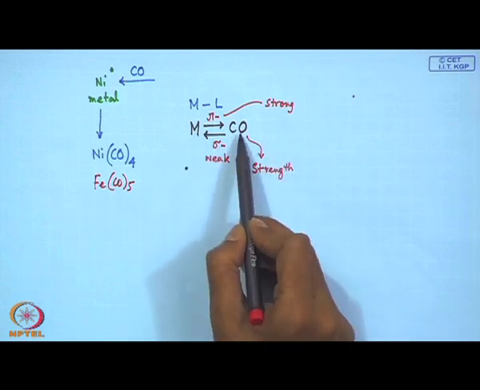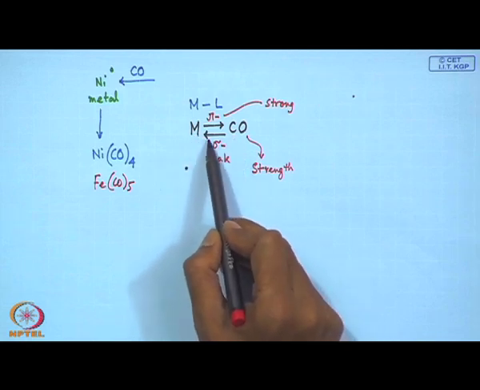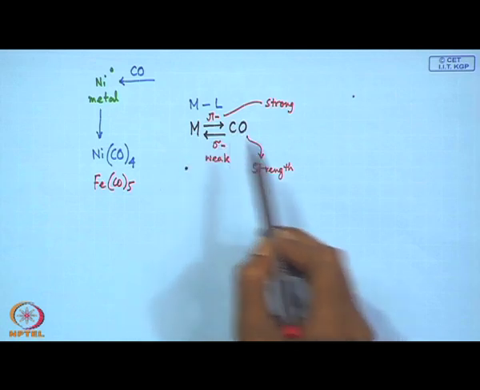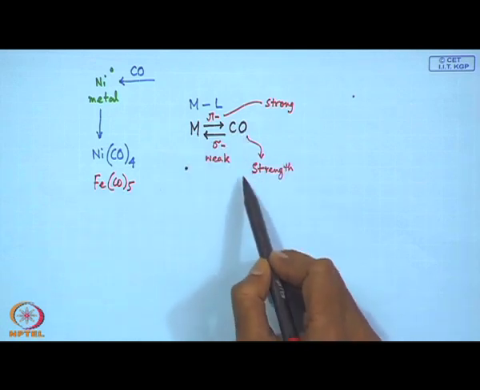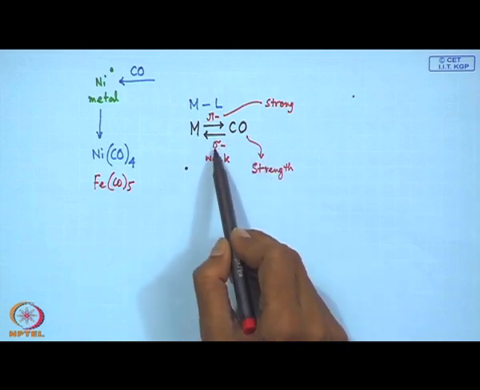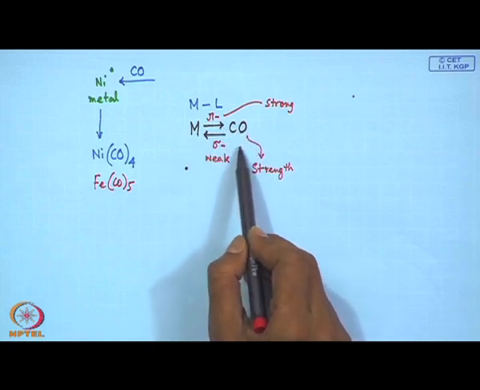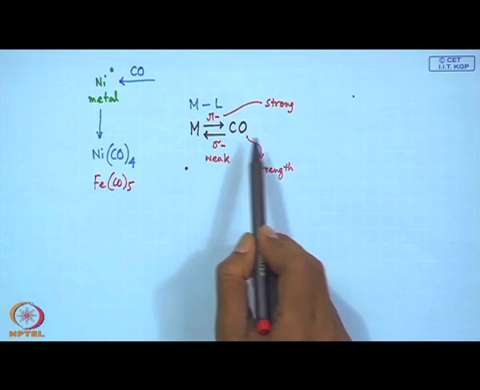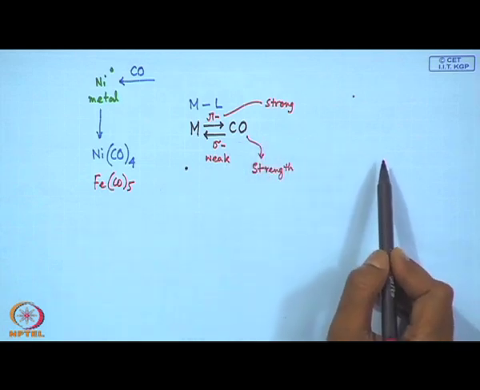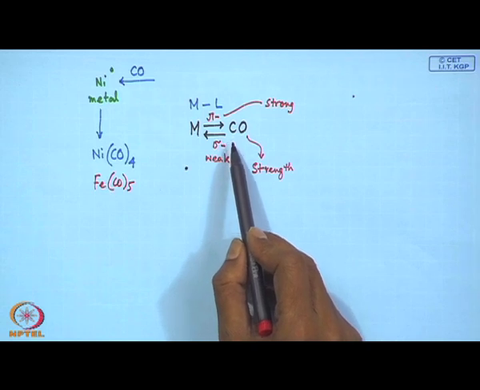So, we have multiple bonding between the metal and the carbon. One is sigma, another is pi. So, we have a very strong interaction. This strong interaction tells us that carbon monoxide is a very strong ligand, though we have a very weak sigma interaction. Due to this strength, we will place carbon monoxide on the right hand side of the spectrochemical series and consider it a strong ligand.